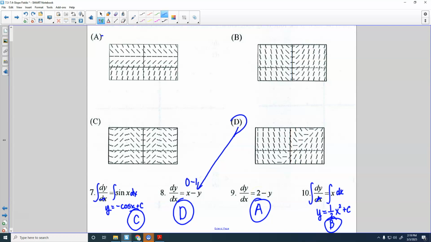One of the key things for number 9 is it only has y's in its equation. So anytime the y value is a certain value, you'll get a whole line of slopes that are the same. If you look at this one, right here, your slope is going to be 0 at y equals 2. So that whole line is the same. All those are 0 slopes, right?